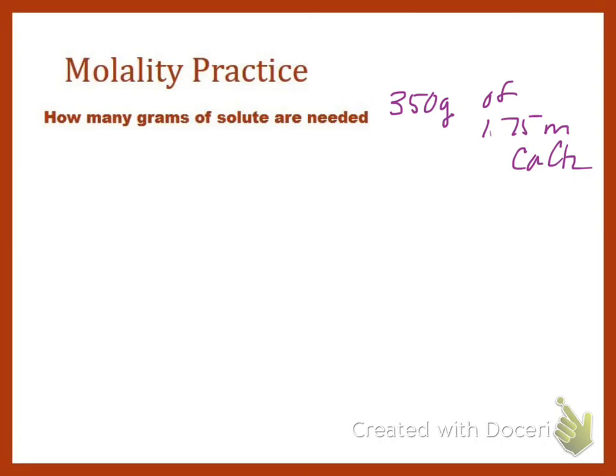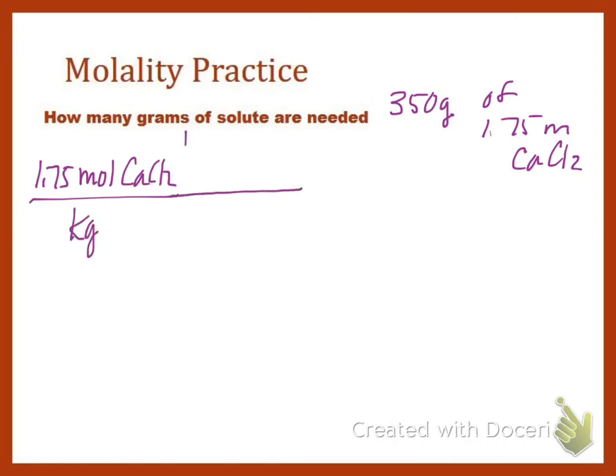Similar concept. I'm going to take my 350 grams of calcium chloride. No, that's the solvent. I'm sorry. I'm going to start with my 1.75 moles of calcium chloride over kilograms of solvent.